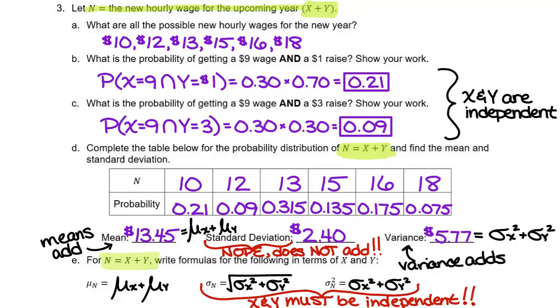If x and y aren't independent, I can still calculate the new mean. This works always. So whether x and y are independent or not, I can do this. If x and y are independent, then I can also calculate the standard deviation. If x and y are not independent, then I cannot calculate the standard deviation. And I'm just stuck.